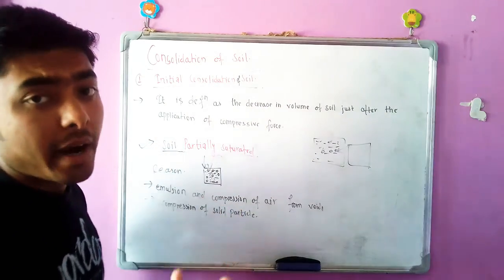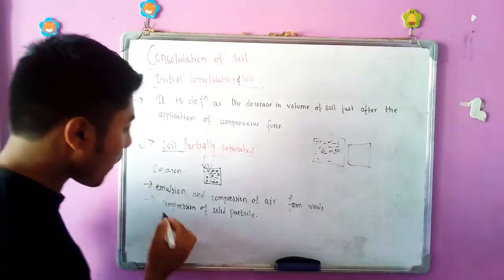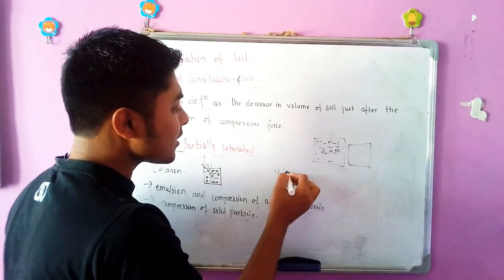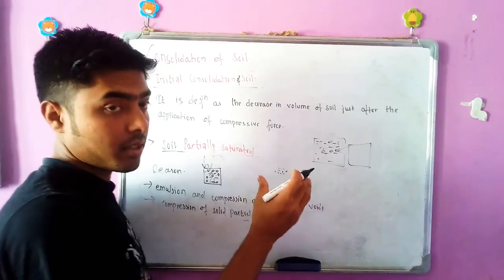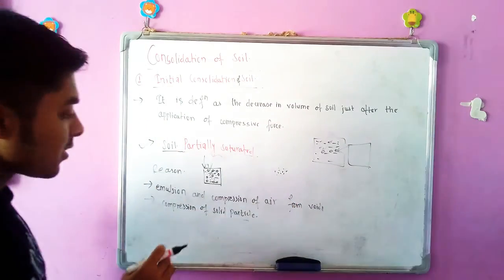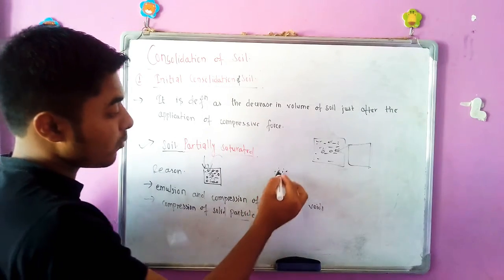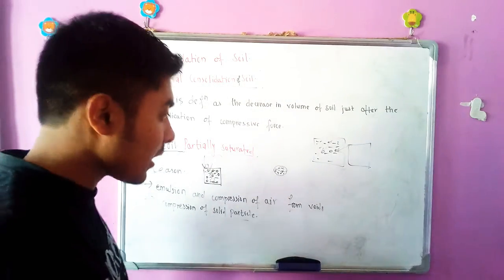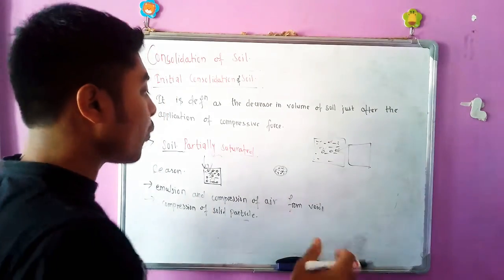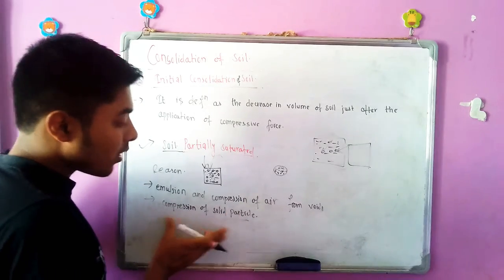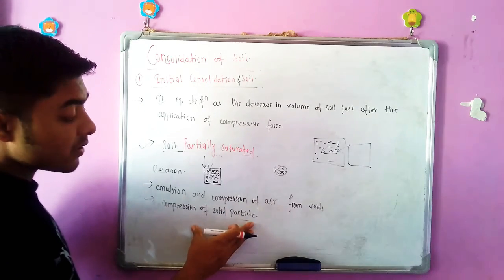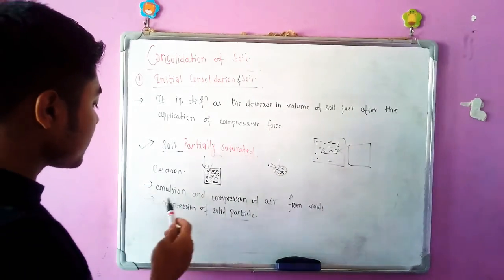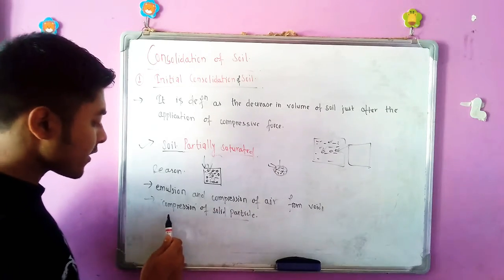As we know, soil is made of solid particles. If its solid particles are compressed, then its volume is also decreased. It is generally in powder form, but when it is compacted, the compression of solid particles also results as compressive force is applied, along with the emulsion and compression of air from voids.